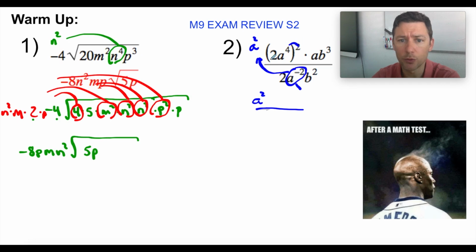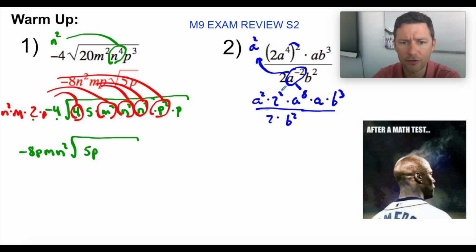If I have 2 sets of these multiplied, you have 2 squared. I'm going to leave this as 2 squared. You have 2 sets of a to the 4th, so you have a to the 8th. You have another a and a b cubed, right? In the denominator, we've got a 2 and a b squared.